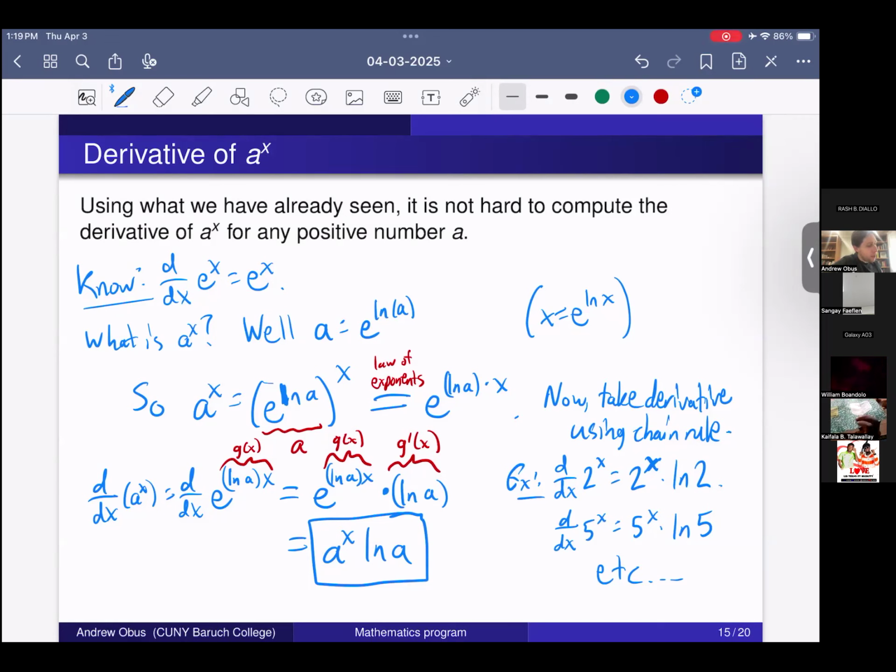You can get this by using the chain rule and rewriting a to the x as something involving e. This is what you always want to do. You always want to rewrite things so that they involve e or a natural log, because these are the two things that work the best with calculus. They give you the nicest formulas. Okay, questions?